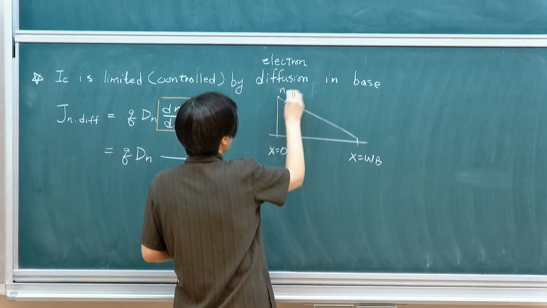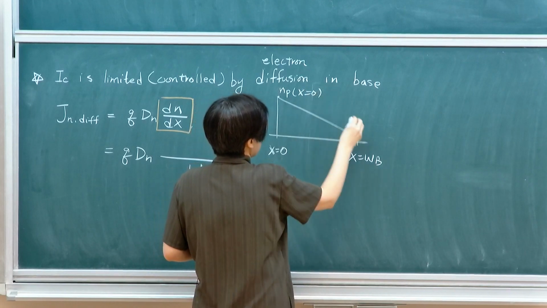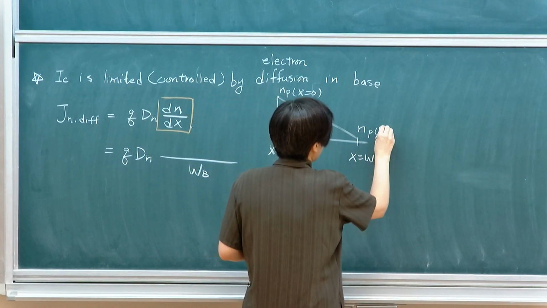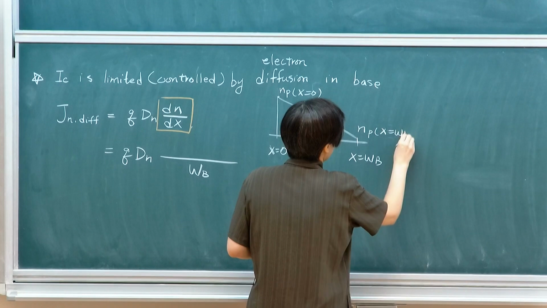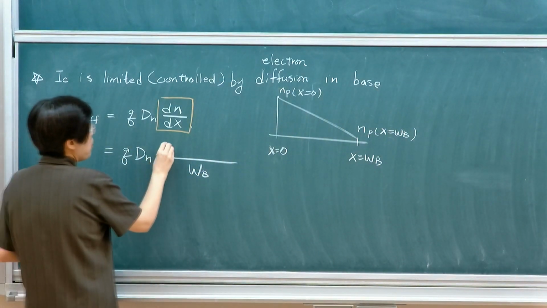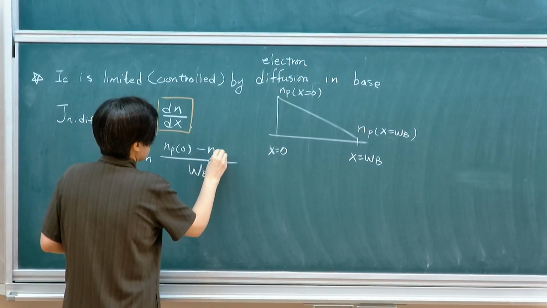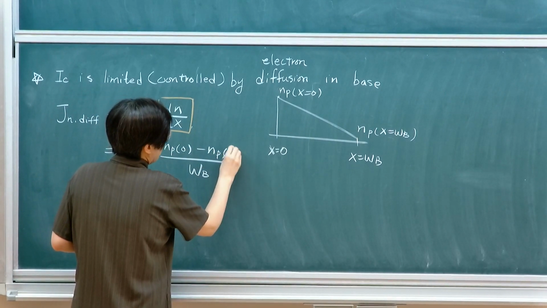And this will be NP at x equals 0. This is NP at x equals WB, right? So if you want to establish the slope, this will be NP(0) minus NP at WB.